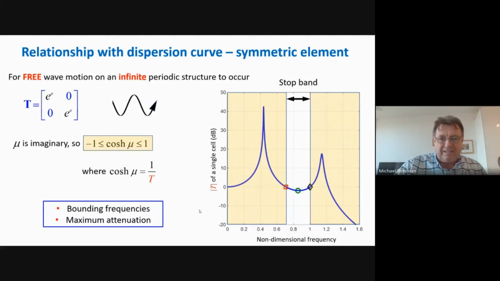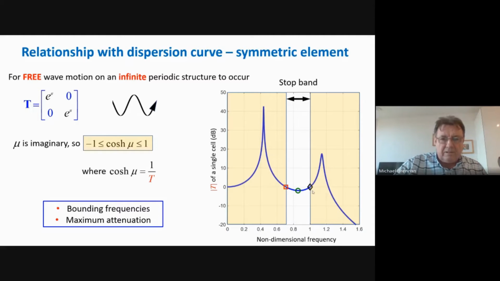And there are three particular things which are of interest to us. One is the frequency that gives us the lowest frequency of the stop band, which is the red square. The other is the upper bounding frequency of the stop band, which is given by the black triangle.